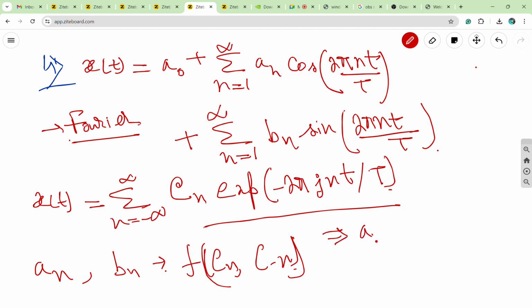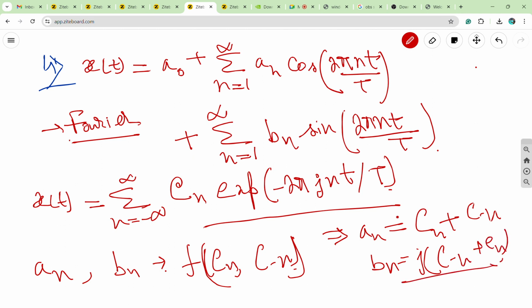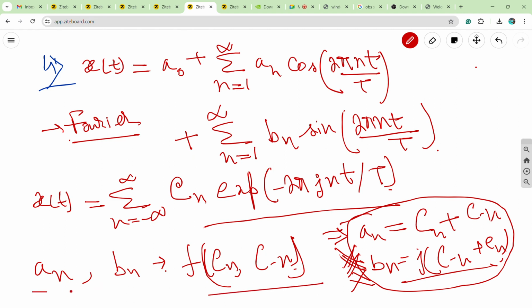So basically, suppose an can be cn plus c of minus n, bn can be j times c of minus n plus cn, this sort of thing. But maybe it is not the correct answer. It does not guarantee it is correct. I just give you an example. But what will be an and bn? That is what you have to define.